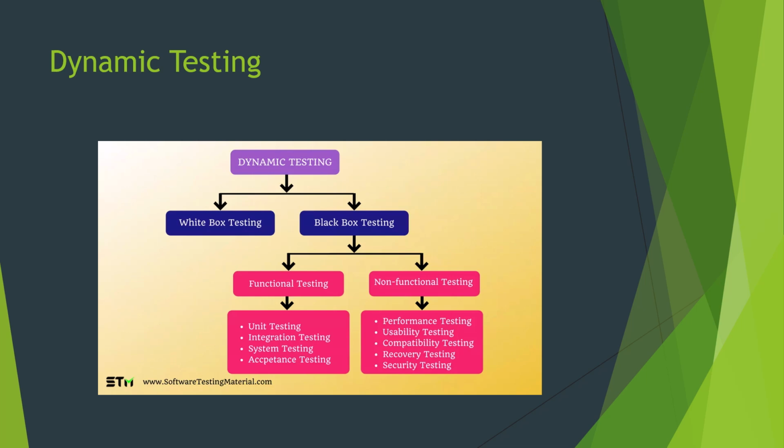The first one is white box testing. This type needs knowledge of how the code works. Testers actually look inside the code. So we check if the logic is working correctly, like testing a loop to make sure it runs the right number of times.